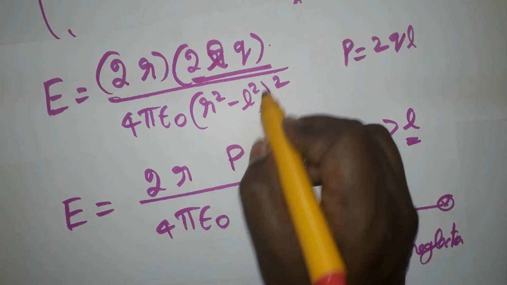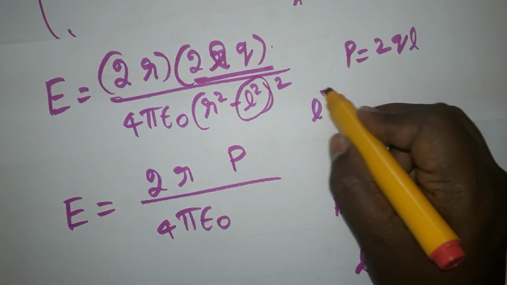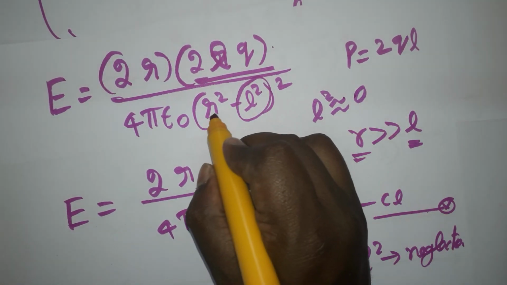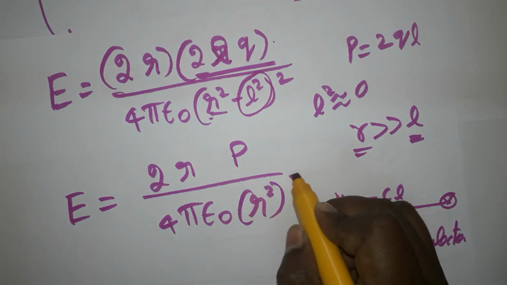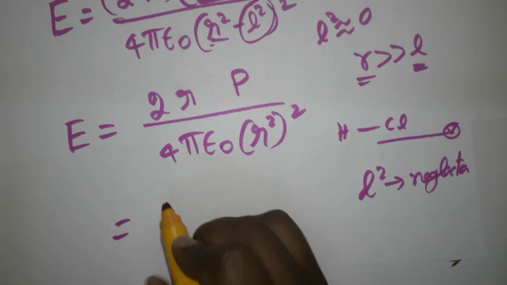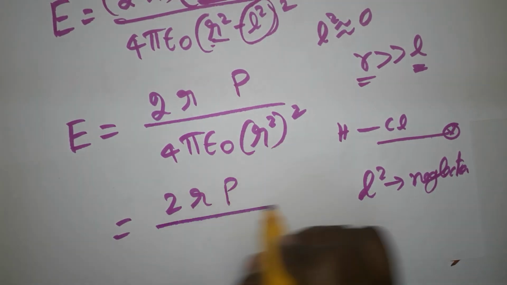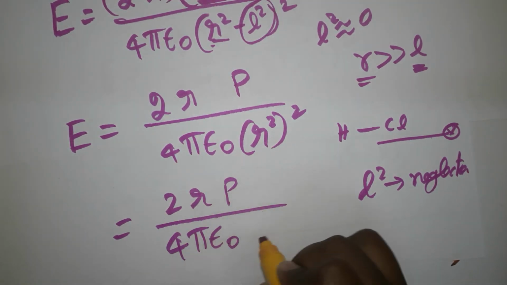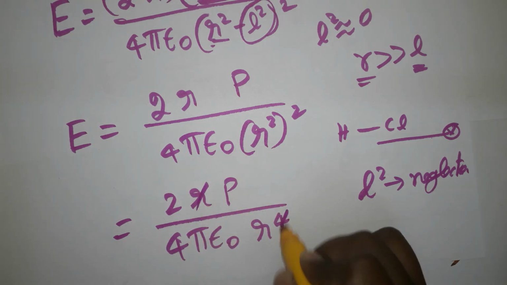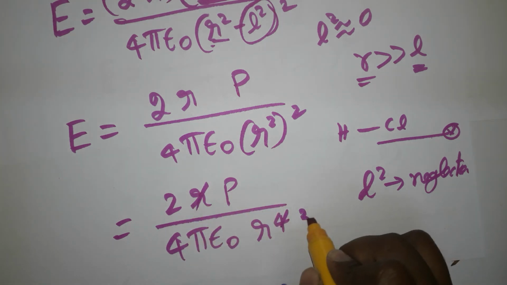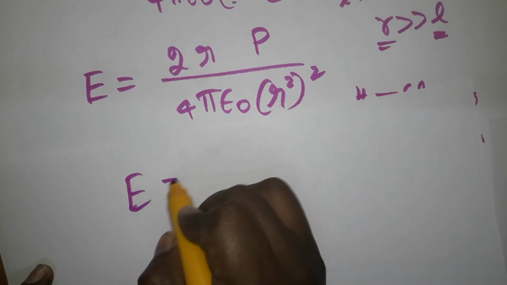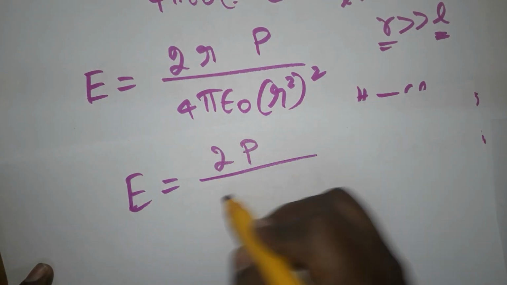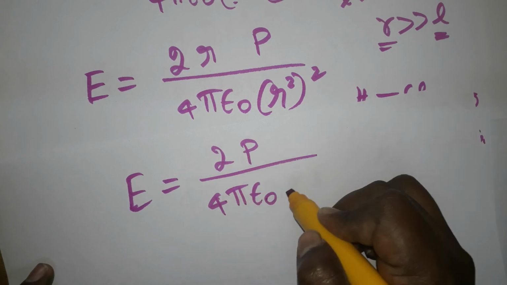That means R square whole square will be R power 4. So we get 2RP divided by 4 pi epsilon naught R power 4. R power 4 will get cancelled, 3 times will remain. Now the electric field is equal to 2 times P divided by 4 pi epsilon naught R cube.